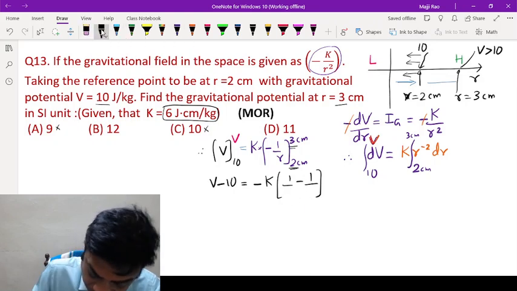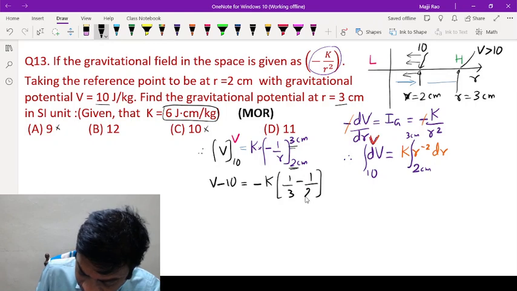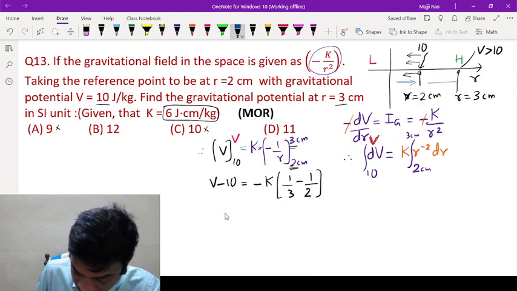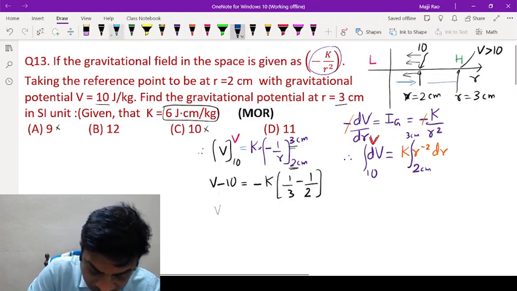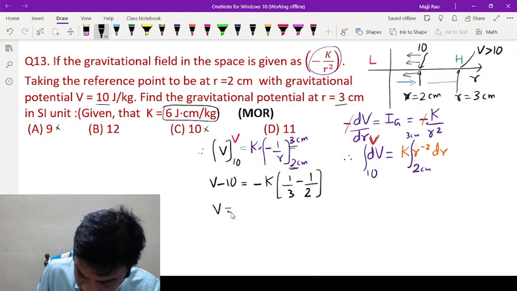I'm sorry. Upper limit minus lower limit. So V will be equal to 10 plus K by 6. So this is 10 joule per kg. Okay. Remember these are in centimeters. This will be per centimeter. Okay.